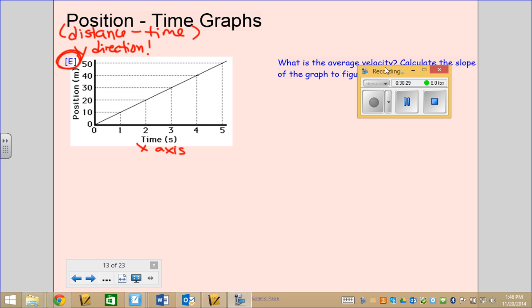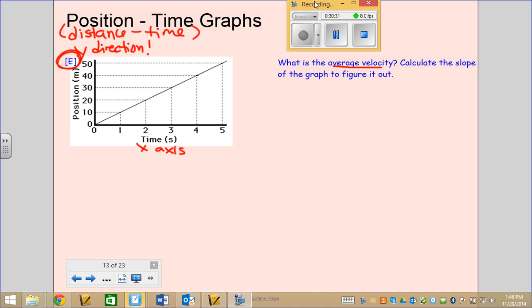I could ask you, what is the average velocity? And the way you'll do that is by telling me the slope. So on your quest tomorrow, I will ask you to find the speed of an object by finding the slope of a graph. You'll be doing the same thing as you're doing here, except on our quest tomorrow, there's no directions. So the only thing we're really changing here is that there's a direction involved.